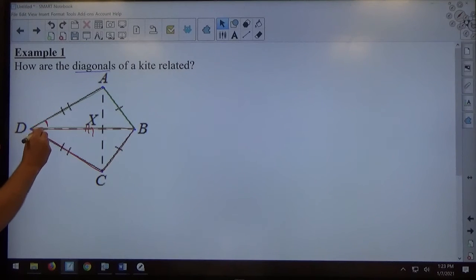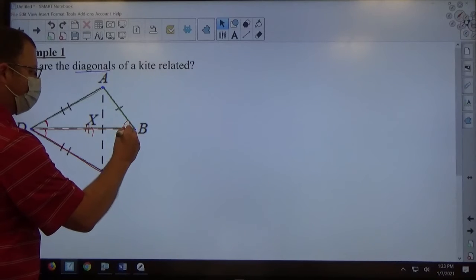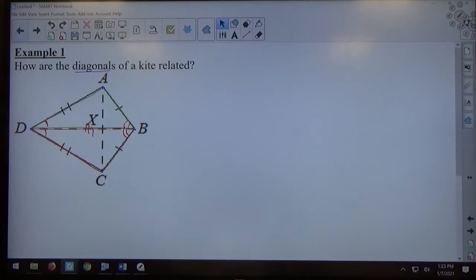This angle is congruent to this angle. These sides are congruent to each other. If we go across, this angle is congruent to this angle. And with nothing else to figure out at this point, both these angles got cut in half, which makes BD an angle bisector of B and D, right?